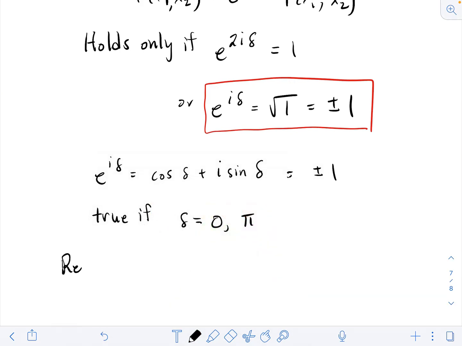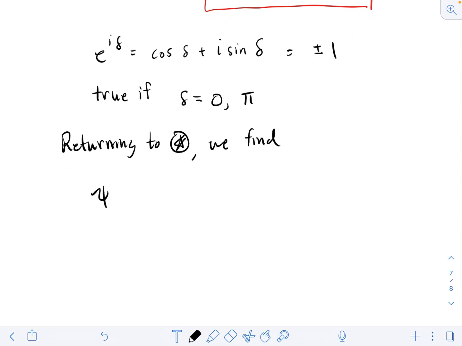Okay, so returning to star, we find that phi(x2, x1) must be equal to plus or minus phi(x1, x2).